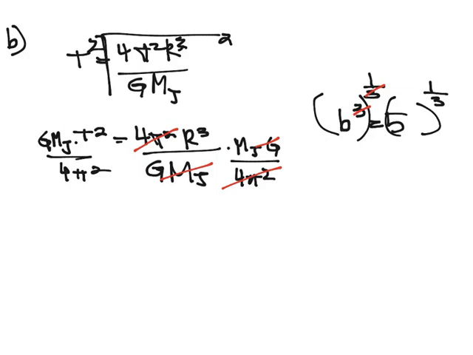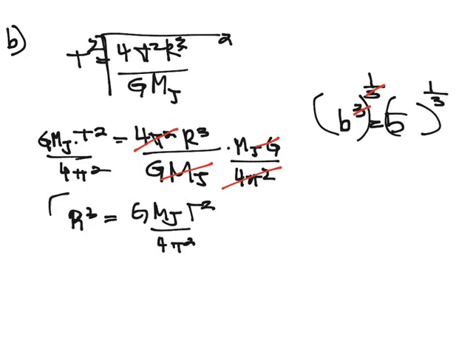So we're going to do the same thing. So I have r cubed equals G M_J T squared divided by 4 pi squared.